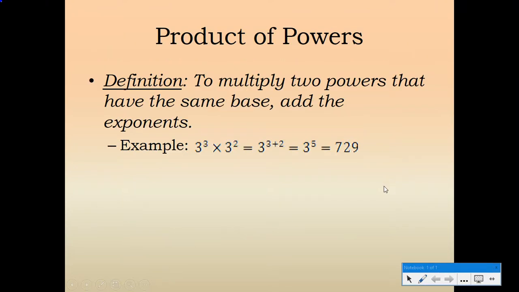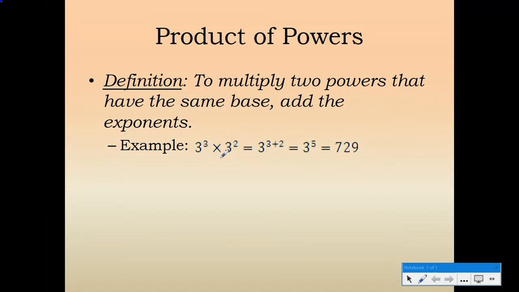And that leads you to your first exponent law, which is product of powers. So when two powers that have the same base are being multiplied, you add the exponents together. So 3 and 3 are the same base. So I can add the exponents 3 and 2 to get 5.